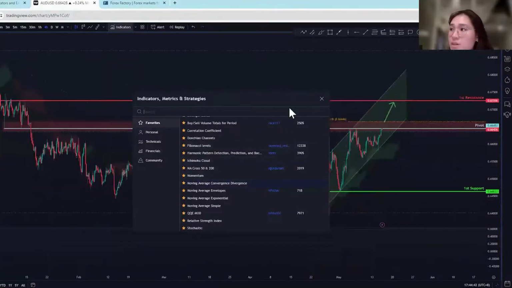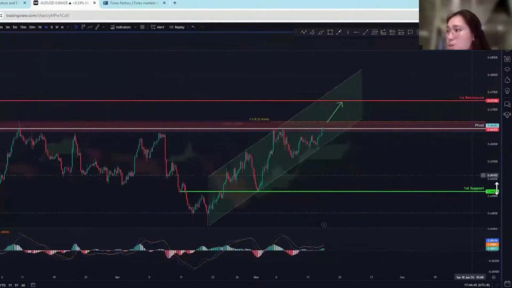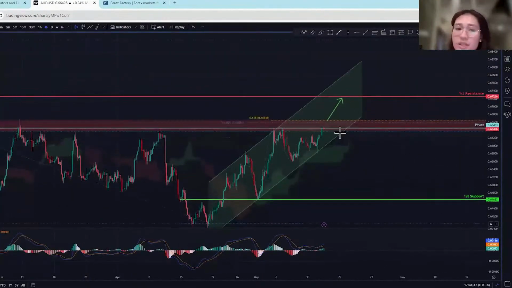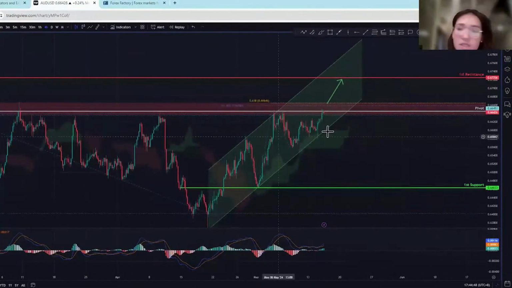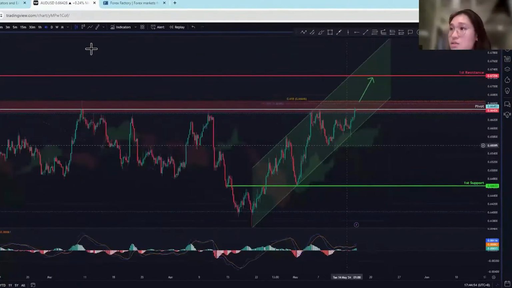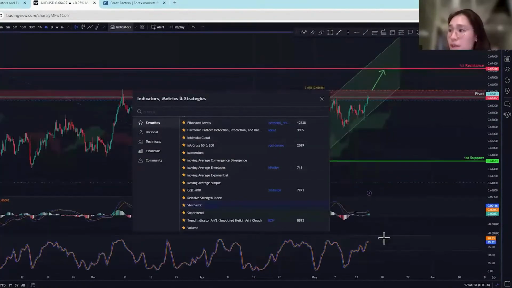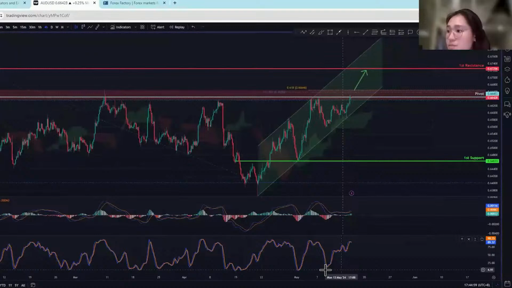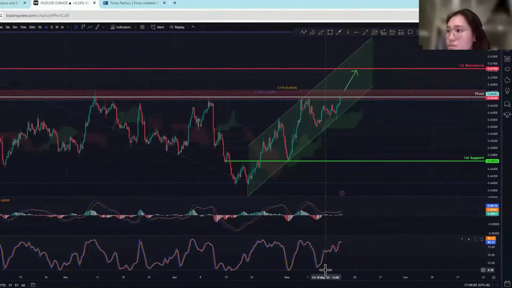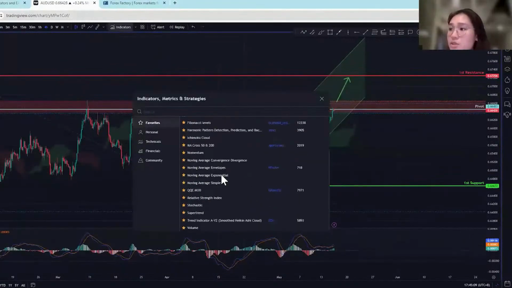Now let's look at our indicators. We have our Ichimoku and MACD. So price is moving above the Ichimoku cloud, so it's giving us a bullish signal. MACD is also giving us a bullish signal, so it supports our analysis. Now if we look at stochastic, okay, stochastic isn't telling us much.